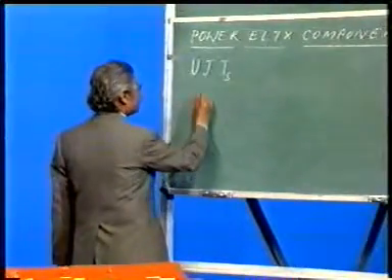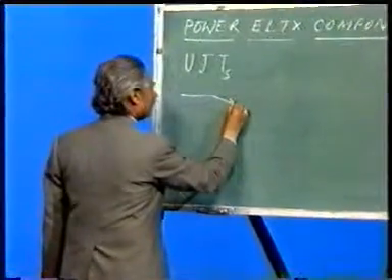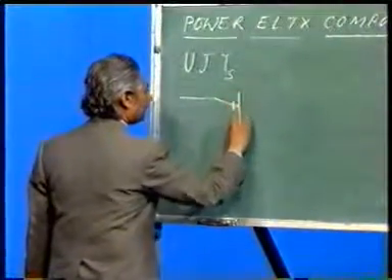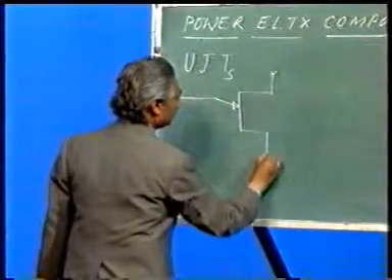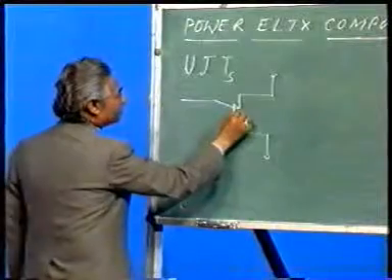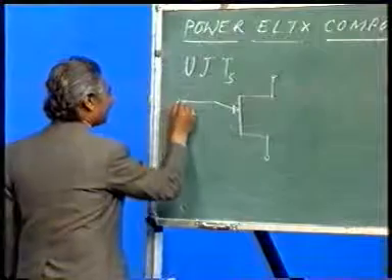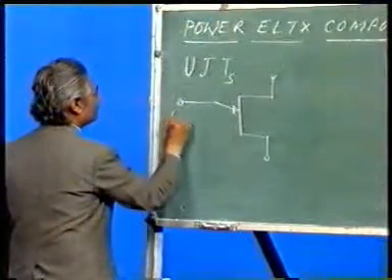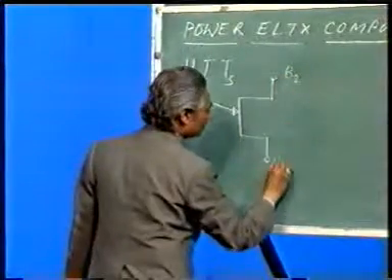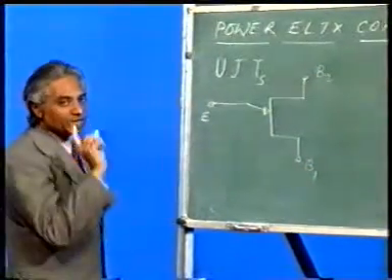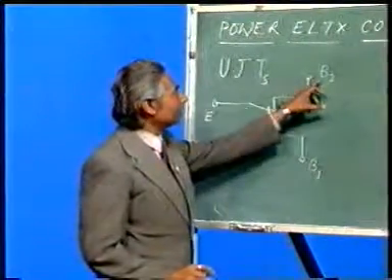It is shown like this symbolically. This is the junction which is formed between this layer and this layer, and there are again three terminals, one which is known as the emitter, then two base terminals, and I have purposely written this as base 1 and this as base 2.